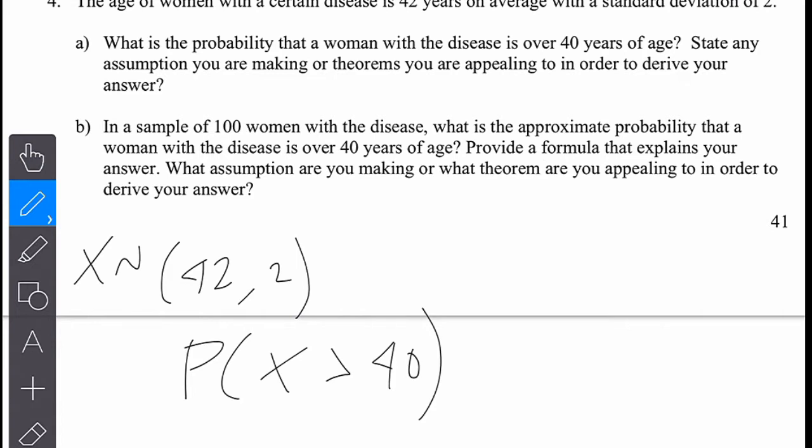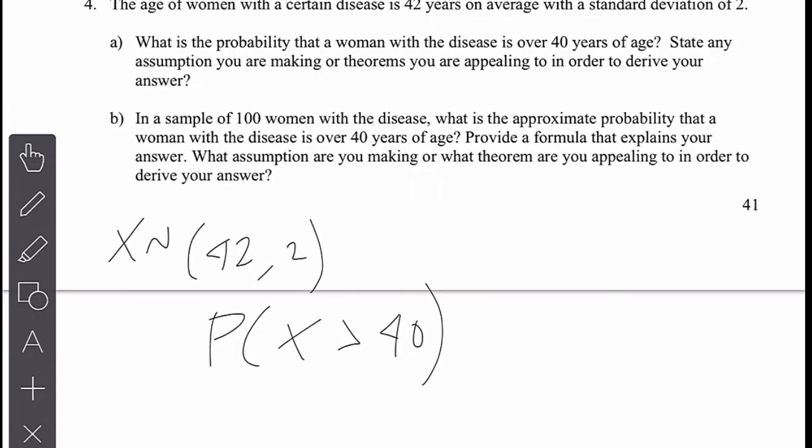Not to throw you off, but just to make you aware of the information that you need to be able to solve problems. We don't know the demographic distribution of the ages for these women with the disease. So I can't answer this unless I make some sort of assumption about the distribution.